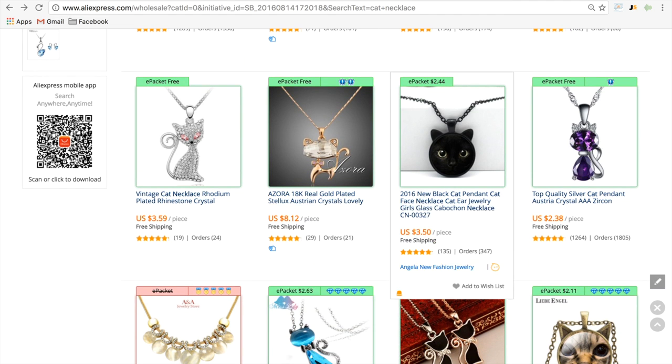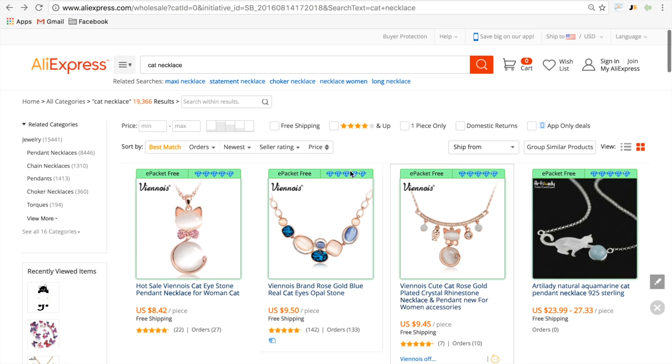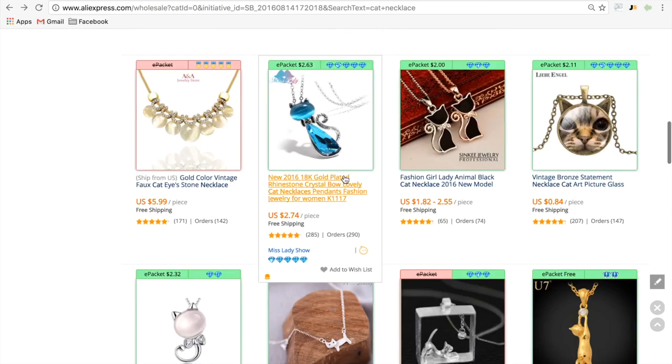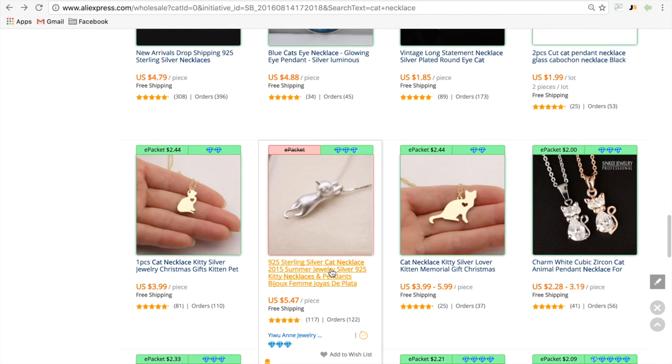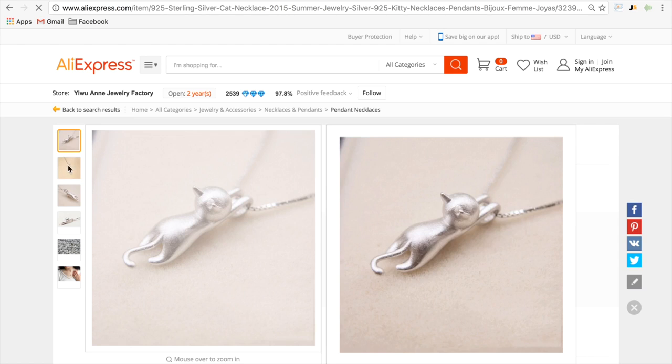I actually downloaded this Chrome extension that shows you, I think it's this one, no, Shopify app. This shows you the products that have ePacket, have good ratings. So this is pretty much something that you can promote as well. So let's start diving in. Let's see this necklace, right? It looks like it's a good product. It's a good design.